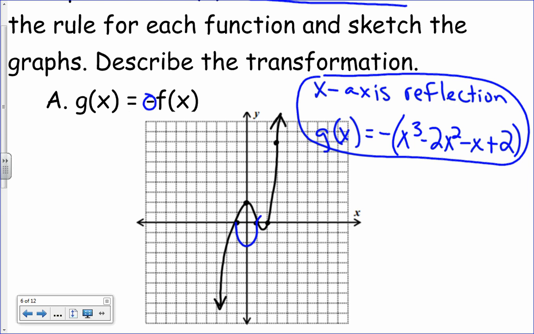This little hump is going up to the top. My arm here comes up to the top. My arm here goes down to the bottom. X-axis reflection folds bottom to top. Hump on the top goes to hump on the bottom. Bottom to top, top to bottom.